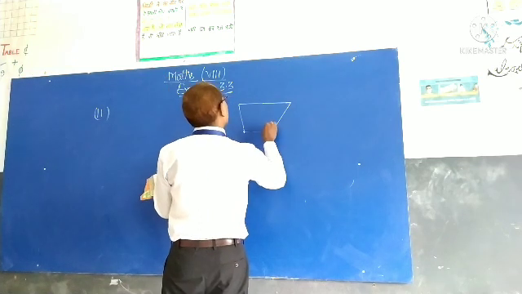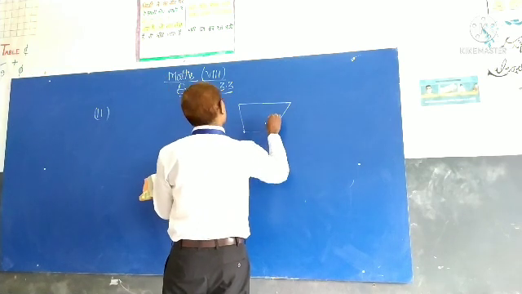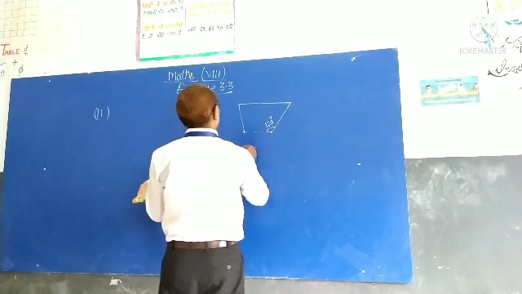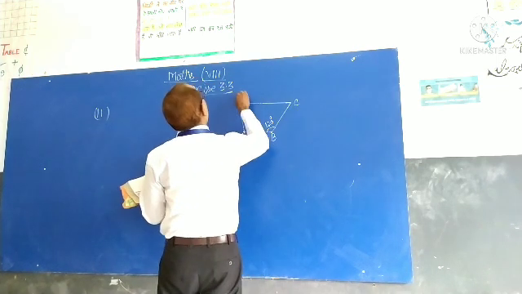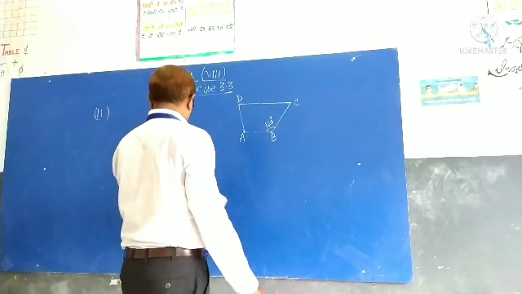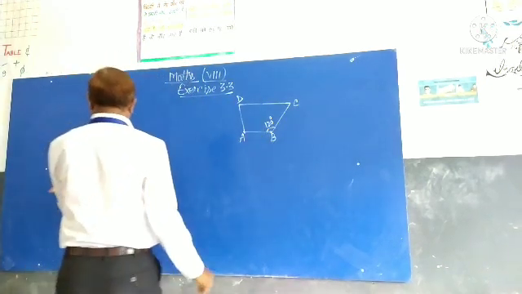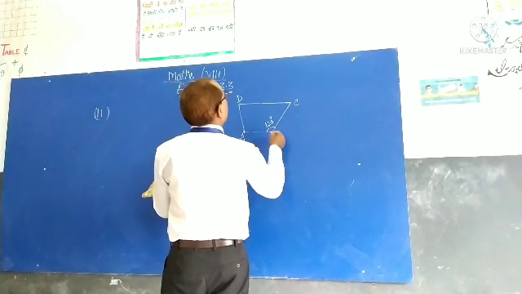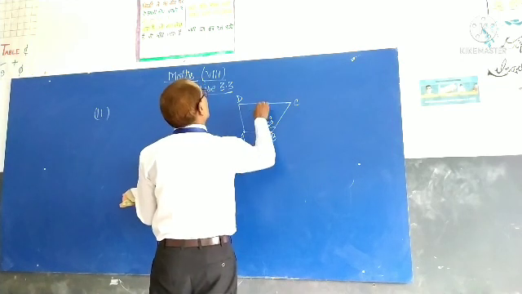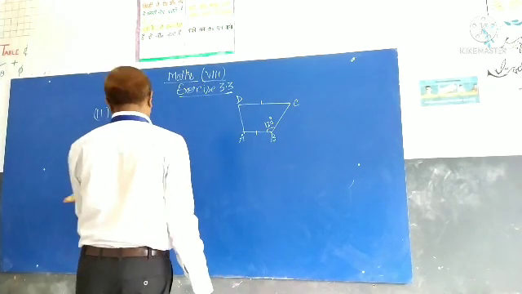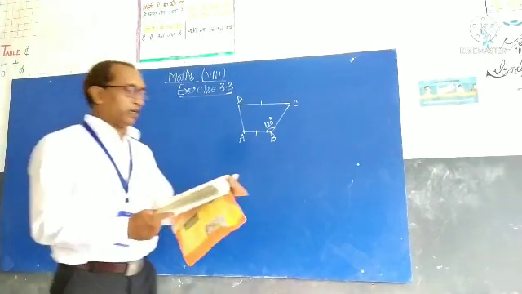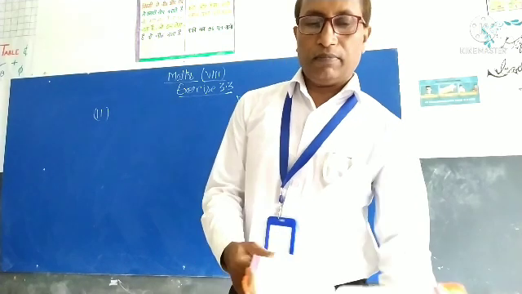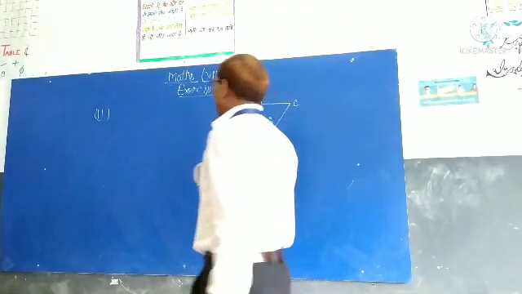This is 120 degree. A, B, C and D, where AB is parallel to DC. You find out the measurement of angle C by using the property of parallel lines.